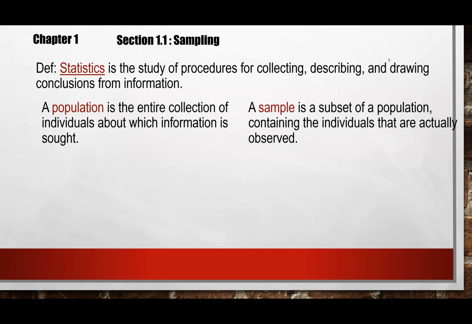So the population is basically the number that include every single item that you want to collect, right? The people that you want to collect, and the sample is just a small portion of that. So if I were able to collect all of the Delgado student major, then that would be my population.